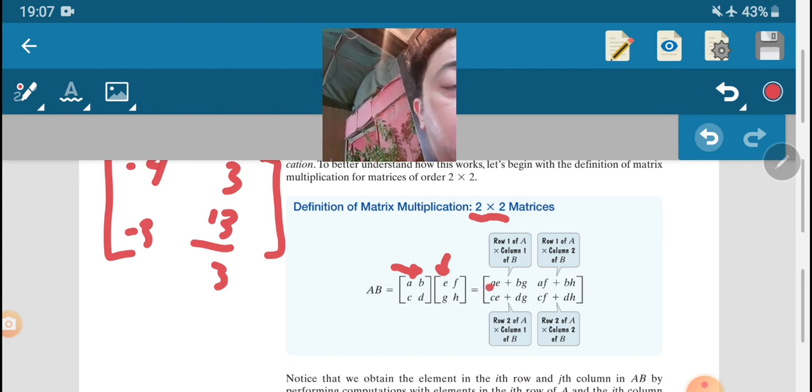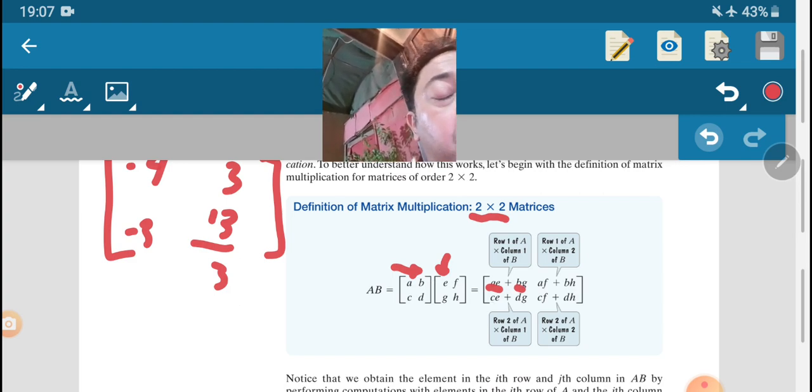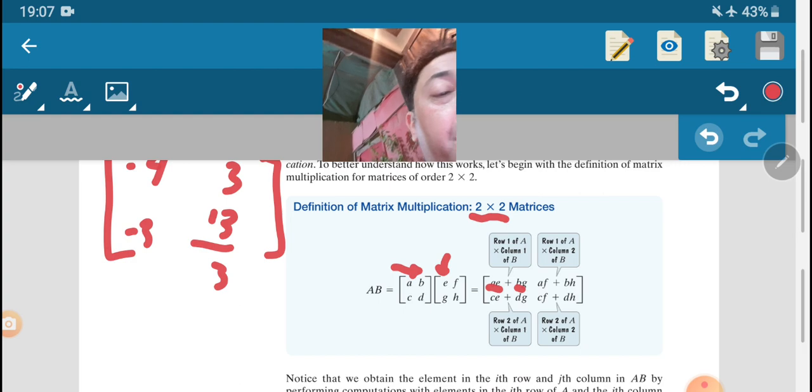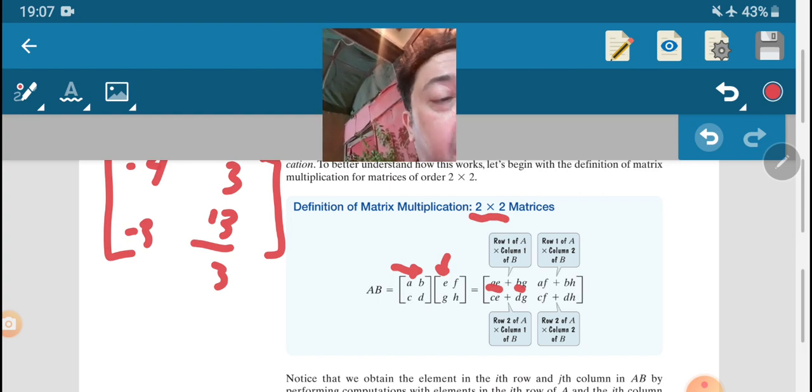A times E plus B times G. That is the first member in the resultant matrix after multiplication.